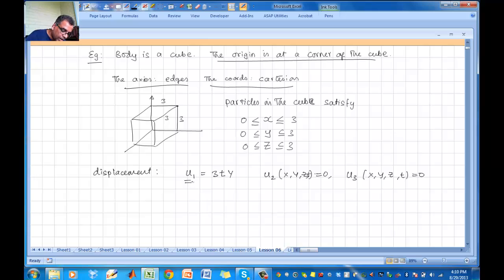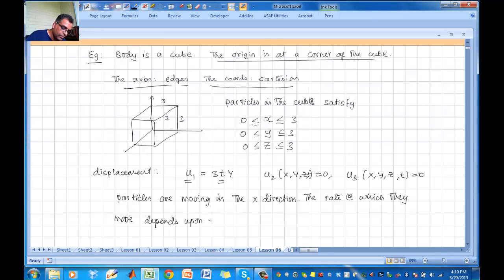It means that the particles are moving in the x direction, and the rate at which they move depends upon their y coordinate. Notice motion is in the x direction, but the dependence is upon the y coordinate.